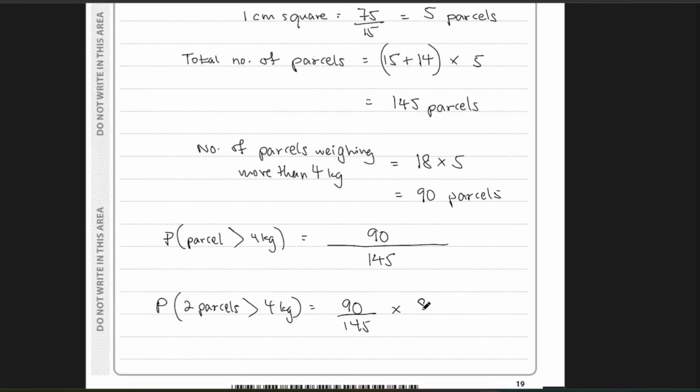So it'll be 89. And there'll be 1 less parcel overall. So 89 over 144. And this will give us a probability of picking 2 back-to-back parcels weighing more than 4 kilograms. Gives us 89 over 232. And that should be the answer.